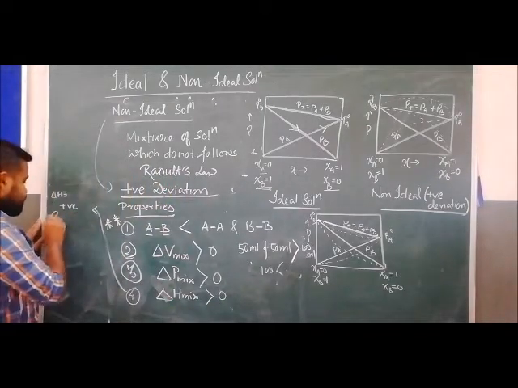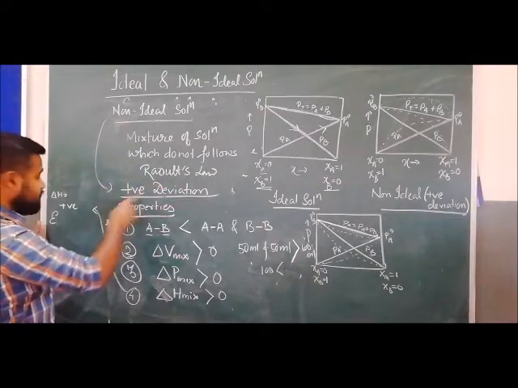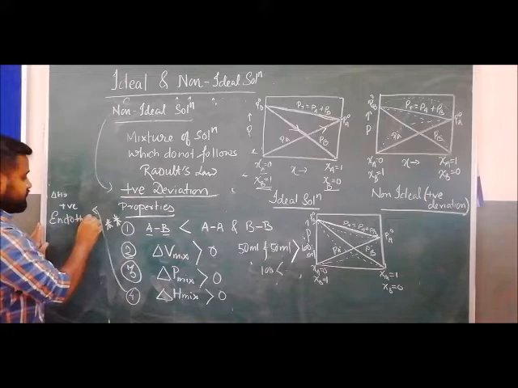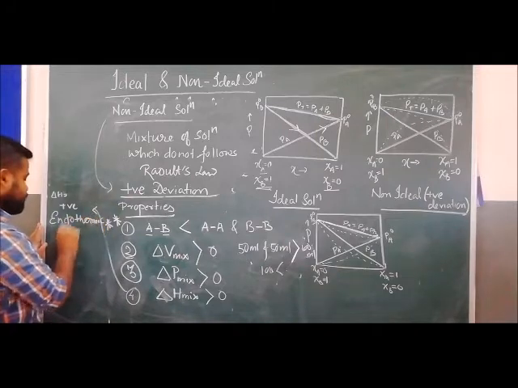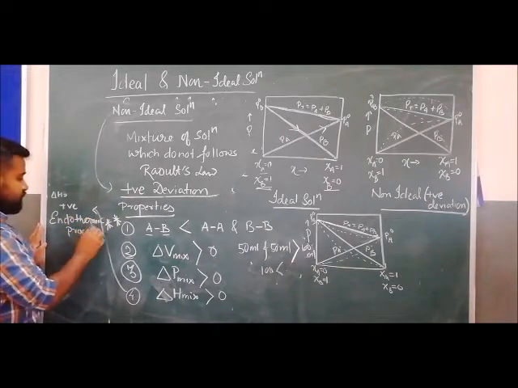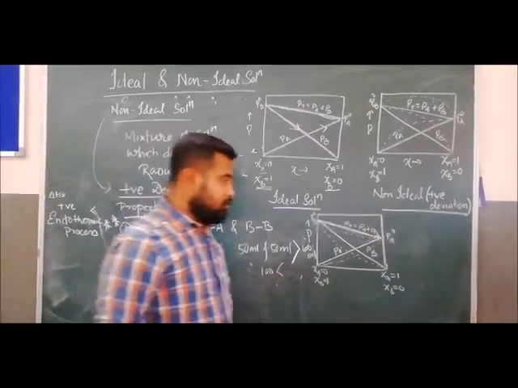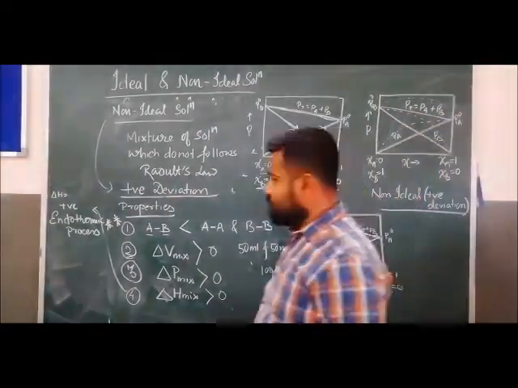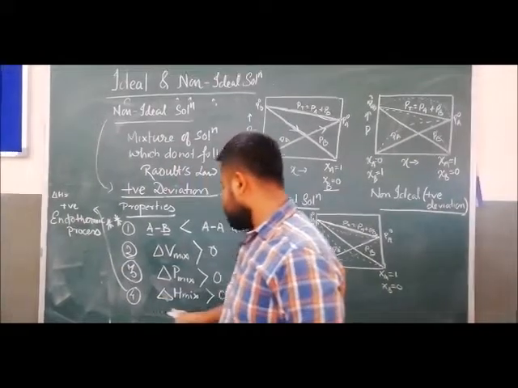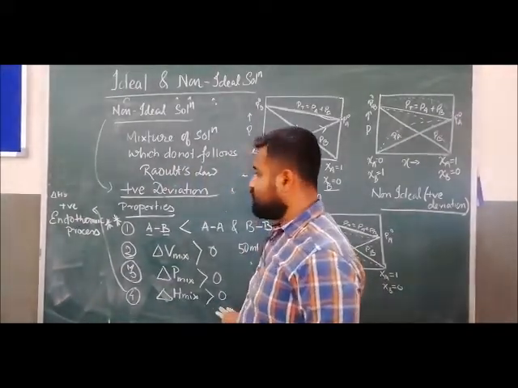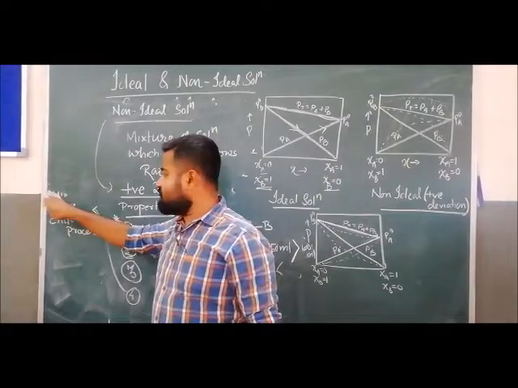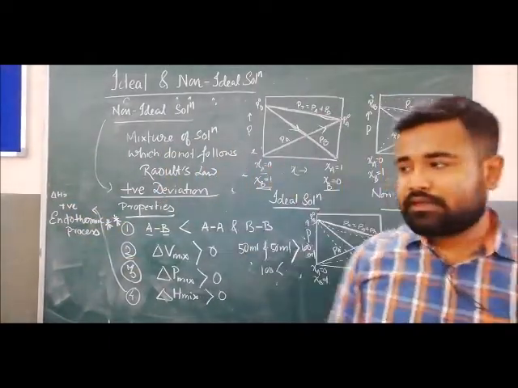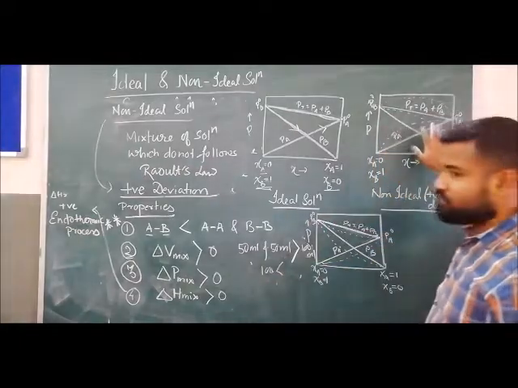It means the non-ideal solution with positive deviation is an endothermic process, because delta H mixing is greater than 0. Hence it is an endothermic process. Clear?